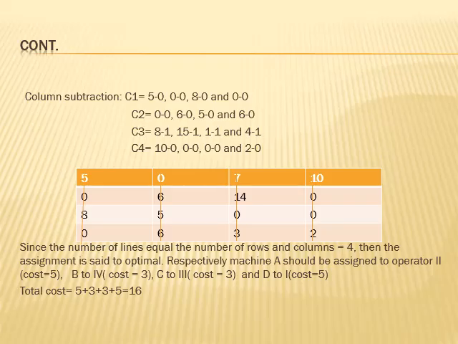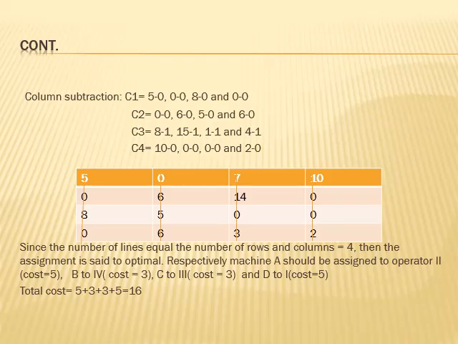Respectively, machine A should be assigned to operator 2, cost equals 5. Machine B to operator 4, cost equals 3. C to 3, cost equals 3. And D to 1, cost equals 5.